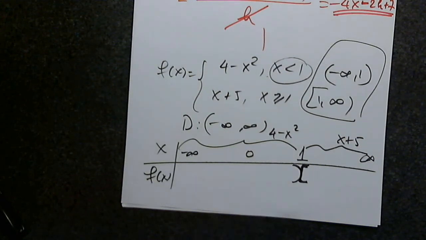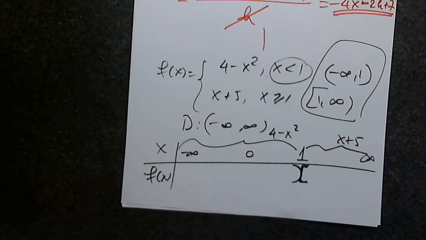Can anyone tell us what is the graph of 4 minus x squared? It's x squared, and then what? In order of operations, what do I do next? I flip, and then move up 4. Negative x squared, up 4, correct?